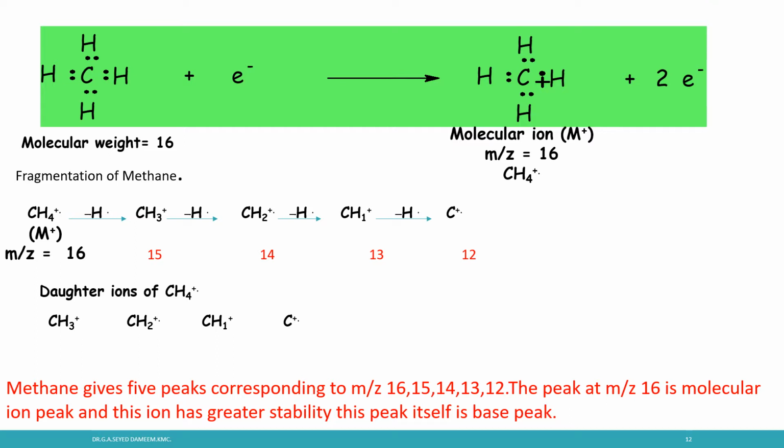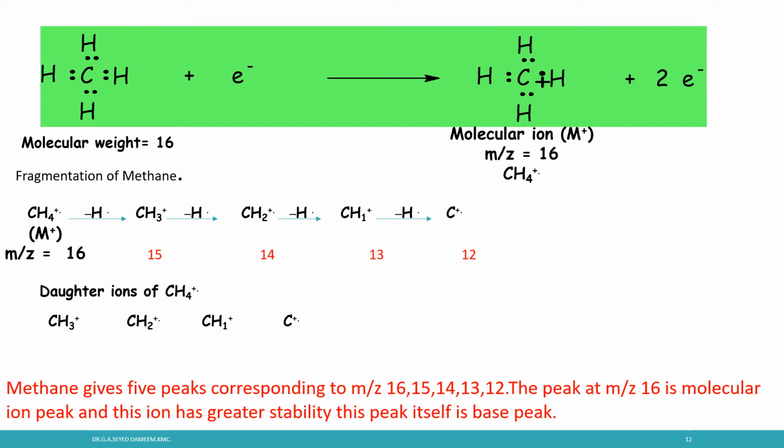So CH4 plus dot is the molecular ion of methane. If it eliminates a hydrogen radical, the ion becomes CH3 plus with m by z 15. Afterwards, on elimination of another hydrogen radical, it becomes CH2 plus dot with m by z 14.